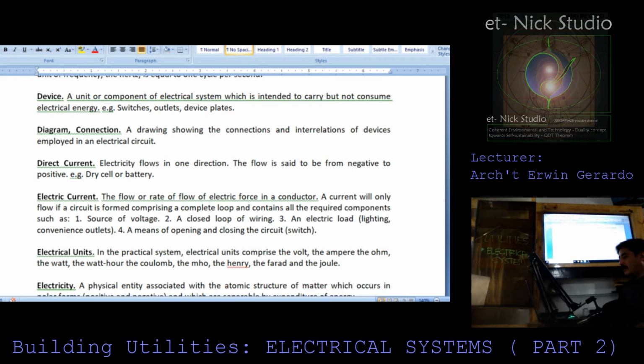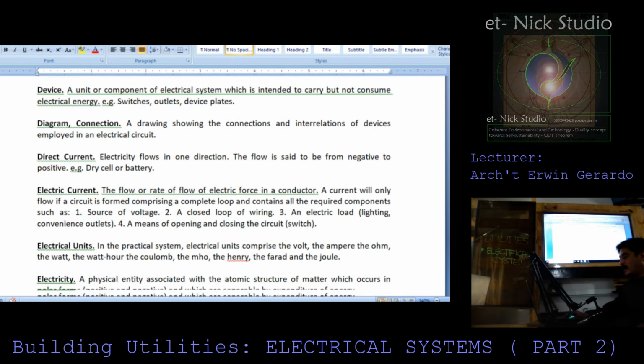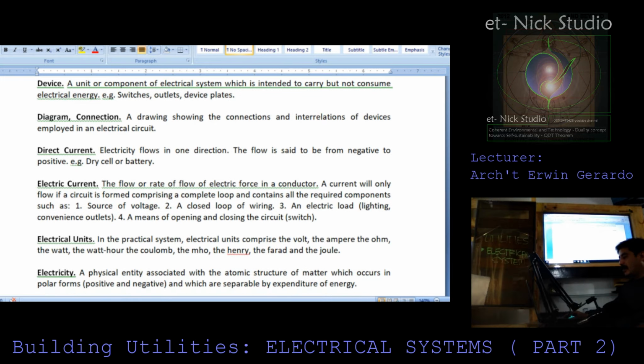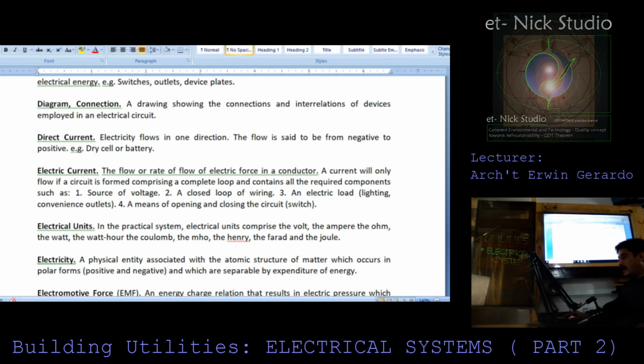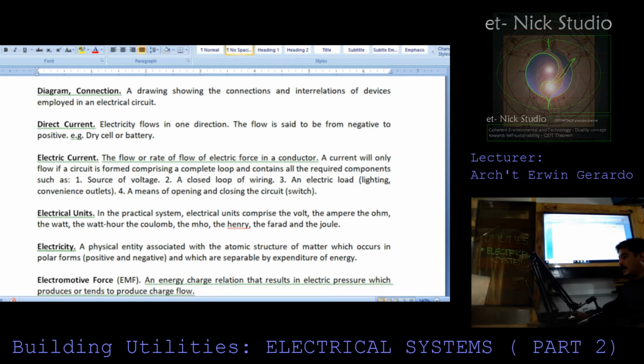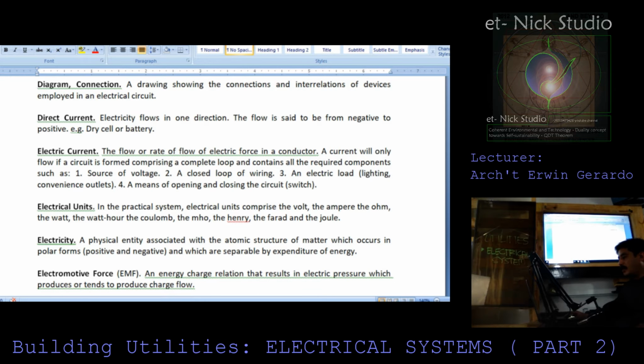A current will only flow in a circuit if it is formed comprising a complete loop and contains all the required components, such as a source of voltage, a closed loop of wiring, an electric load such as lighting and convenience outlet, and a means of opening and closing the circuit with the aid of a switch.